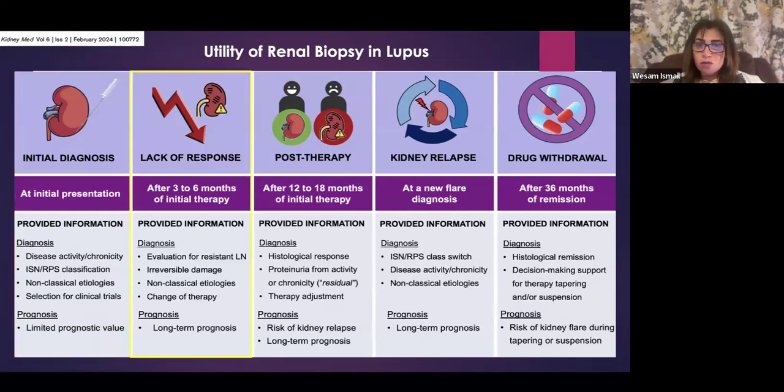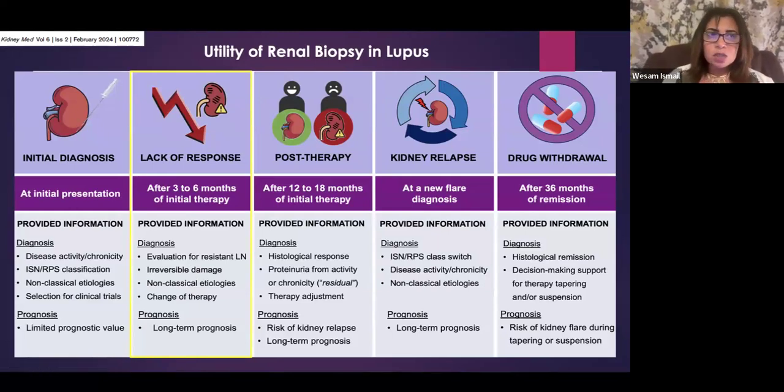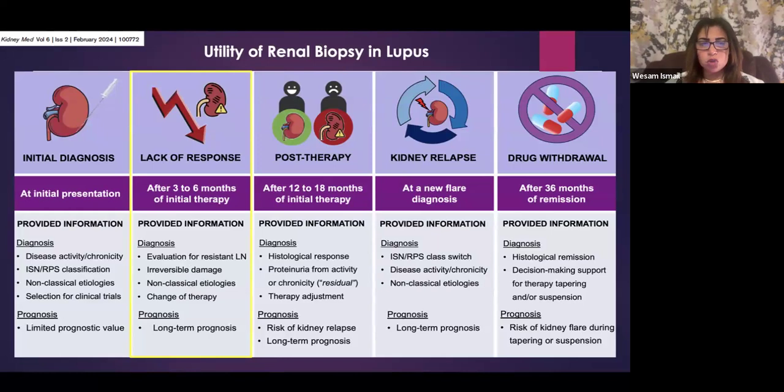Then when you have a lack of response after 3 to 6 months of initial therapy, it's really recommended to take another biopsy. Please do, because this biopsy is very important. It's going to tell you whether you have a resistant lupus nephritis and you need to start a different line of management. Or it's going to tell you whether you have irreversible damage. Some patients, by the way, are not going to respond and are going to be end stage, and you keep them on maintenance immunosuppression and keep trying until the kidney is lost.